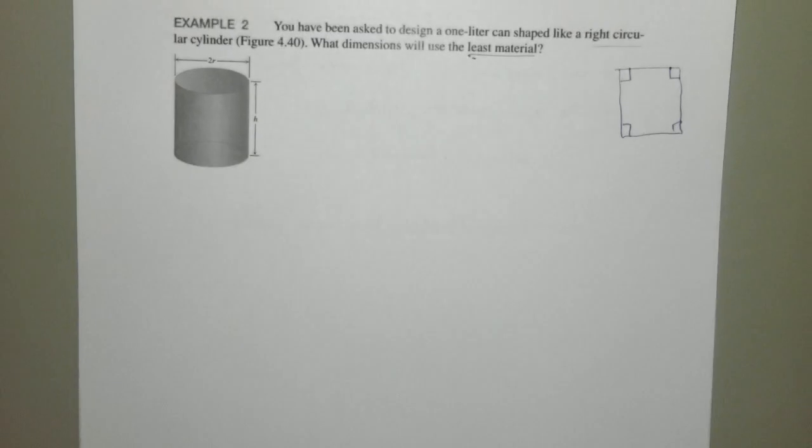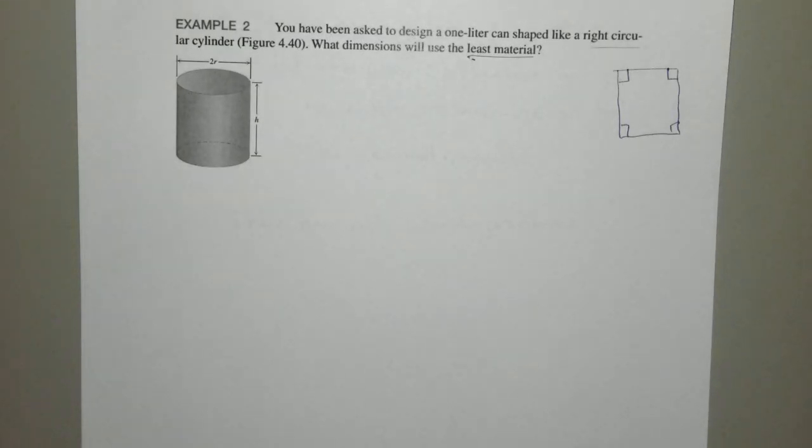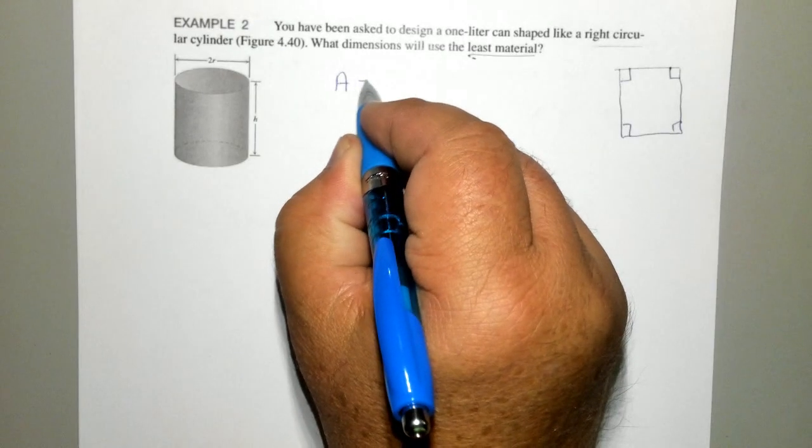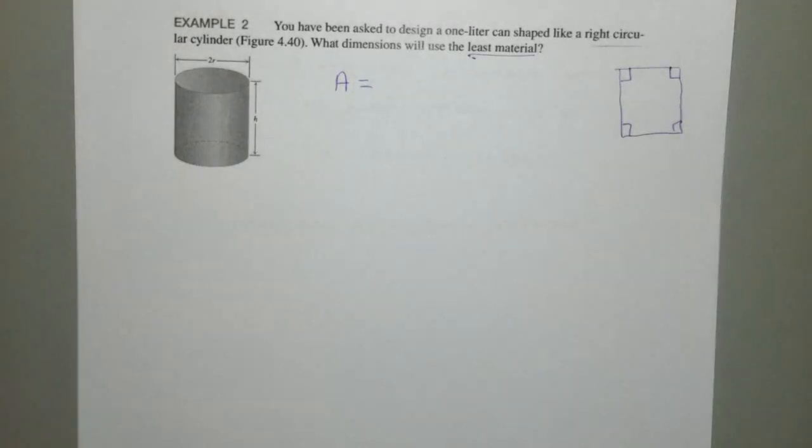The last one, we looked at the volume. The material to make a cylinder would be the surface area, the outside of it, the surroundings of it, not the inside. So we have to figure out, in that case, what is the area of a right cylinder?